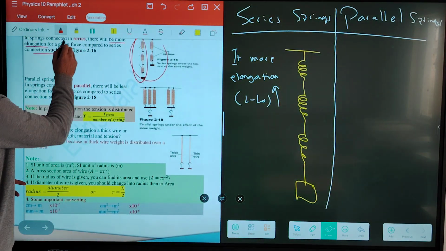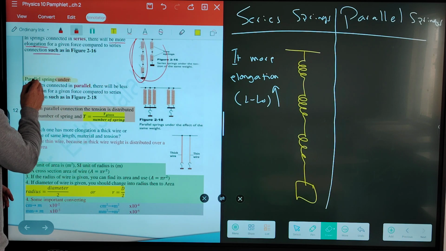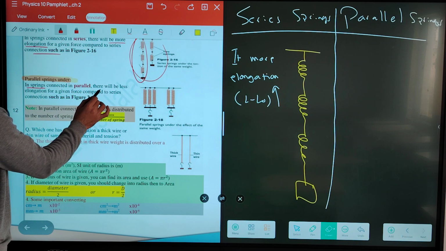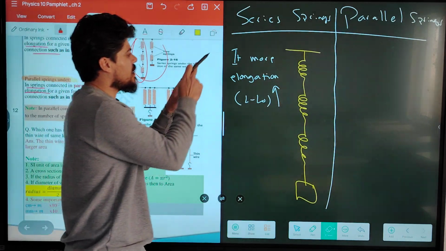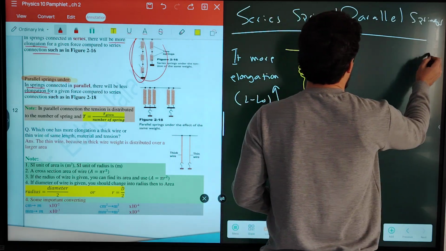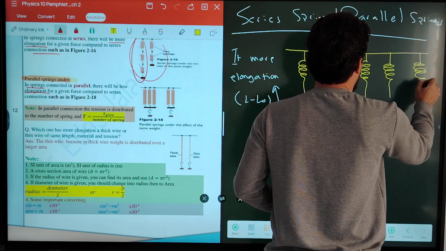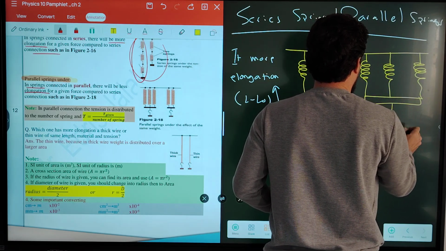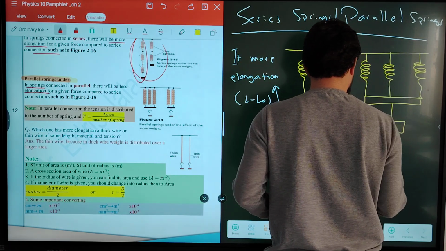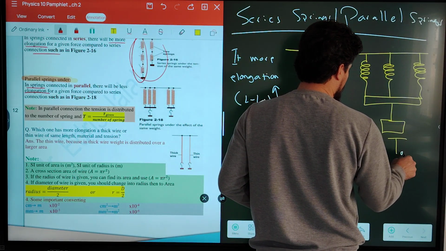But in parallel connection, the situation is completely different, guys. When springs are connected in a parallel connection, there will be less elongation. This case more elongation, but this case less elongation. Assume that this is tension, the tension of all springs.